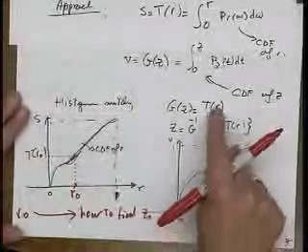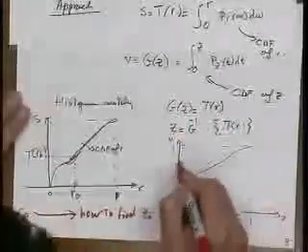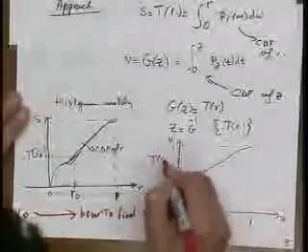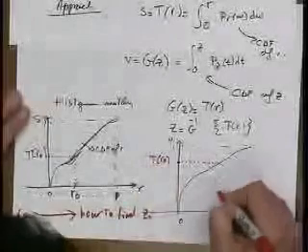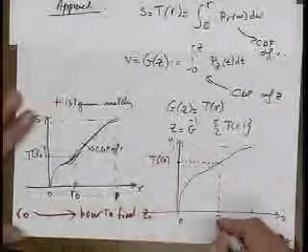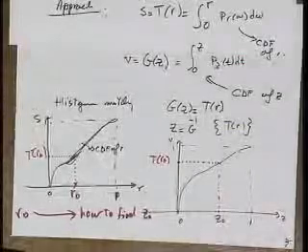Because I want T of R naught to be the same as G of Z naught, I go to this axis now, and I look up where T of R naught is, and then I go all the way here until I hit this curve, and I find the corresponding Z naught. Okay?